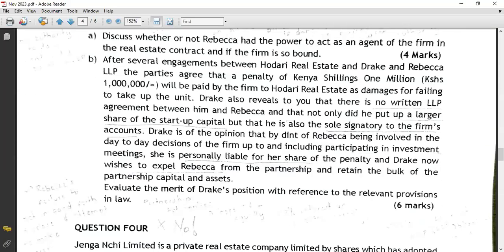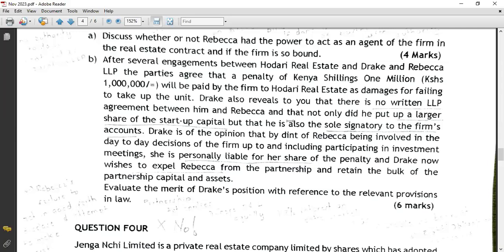So after several engagements between Hodari Real Estate and Drake and Rebecca, the partners agree that a penalty of Kenya shillings 1 million will be paid by the firm to Hodari Real Estate as damages for failing to take up the unit. Drake also reveals to you that there is no written LLP agreement between him and Rebecca, and that he put up a larger share of the capital, and he's also the sole signatory of the firm's account.